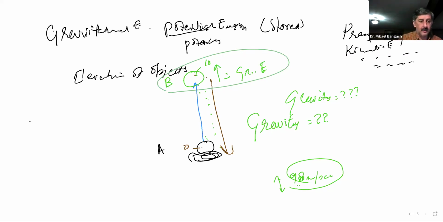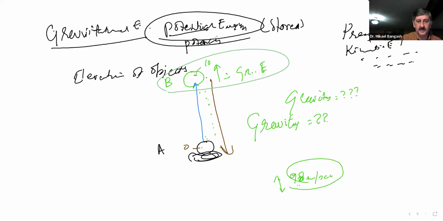But guys, don't worry that much about gravitational energy. Just remember this much. Just like your pressure energy is a potential energy. What do you mean by potential energy? It's a stored energy. And it's going to be determined by the elevation of objects, where objects at a higher level are going to have greater gravitational energy.